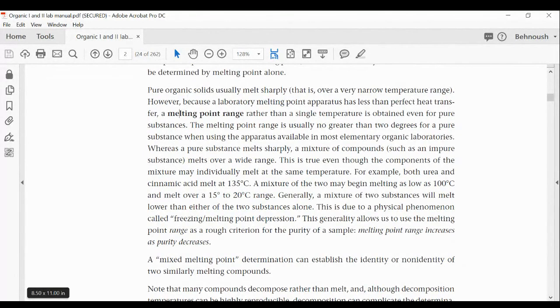And could you please explain why you cannot reuse the capillary tube? What are the possible problems with that? There are a couple of problems, so maybe you can say one, and then Cassandra could tell me another reason.